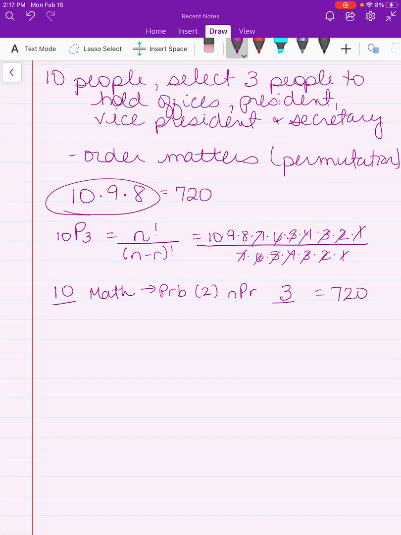So I'm going to take this one step further and say I have 10 people. We're going to select 3 for a team. And therefore the order doesn't matter.